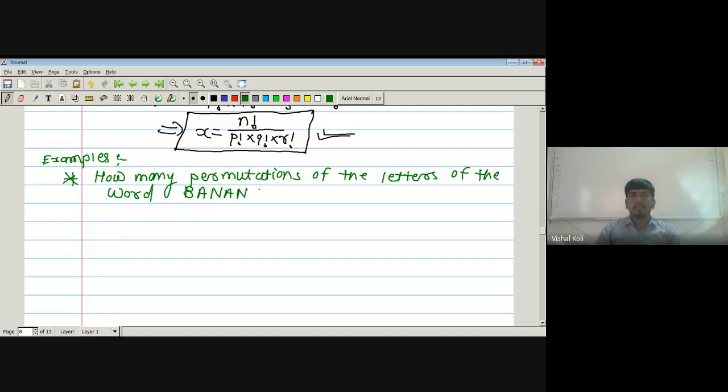So here we have to find out the number of permutations of the letters of the word banana, as here there are 6 letters in the word banana.